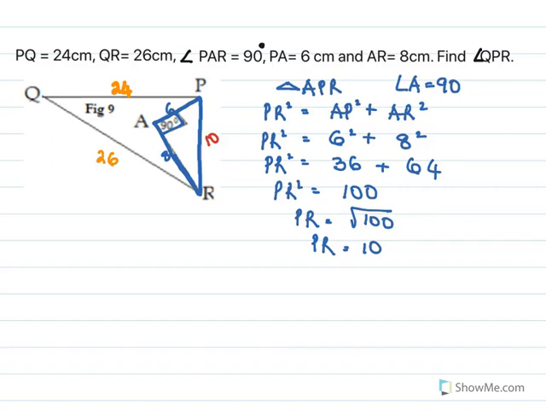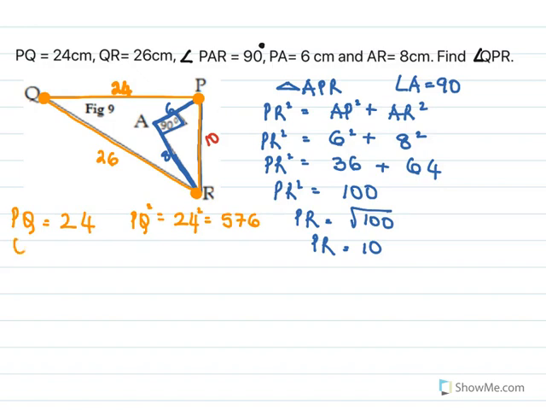Now let's take up the triangle PQR. In the triangle PQR, the angles are not given, but we've been given all the three sides. PQ equal to 24, which means PQ square equal to 24 square, which is 576.